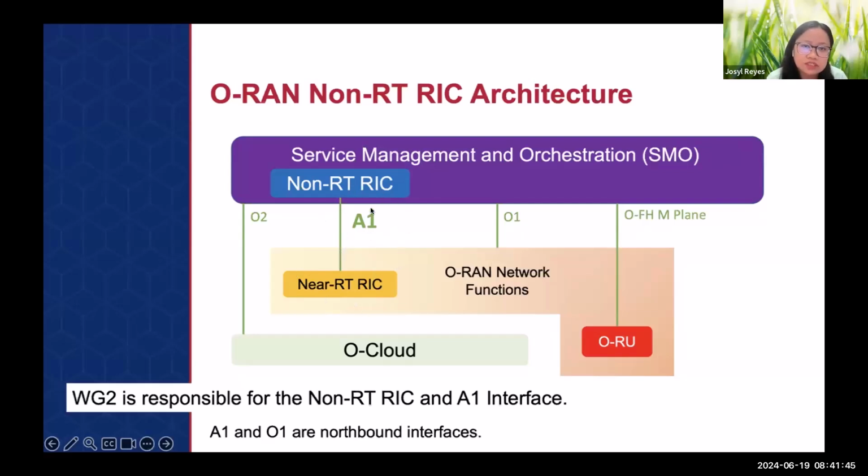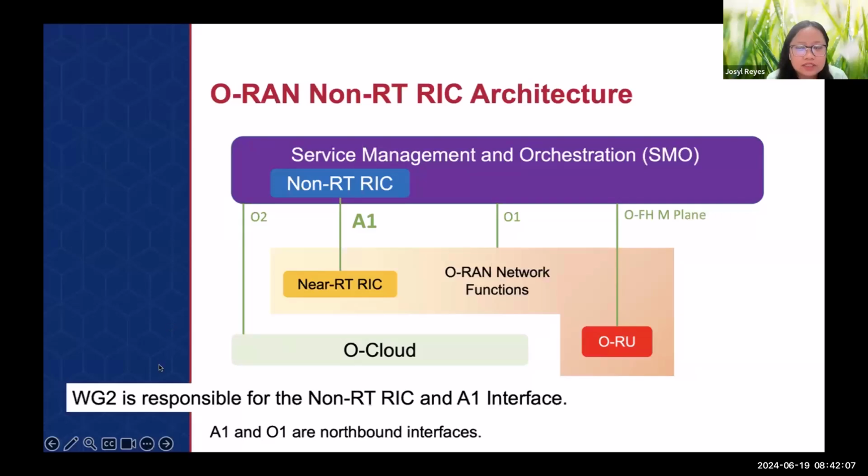So this is one way of looking at the non-real-time RIC architecture. A bit later, we'll have a more detailed architecture on this. And all the other functions are still here. The layout is just slightly different, but it's still the same.